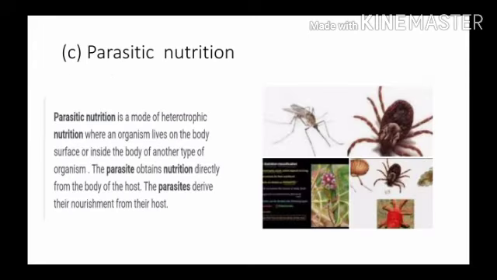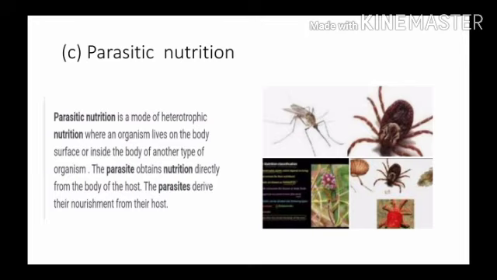Last is parasitic nutrition. Have you seen small animals on the bodies of animals like dogs and buffaloes? Which are those small animals? From where do these little animals obtain their food? From where do the worms in the intestine obtain their food? Can anybody tell?